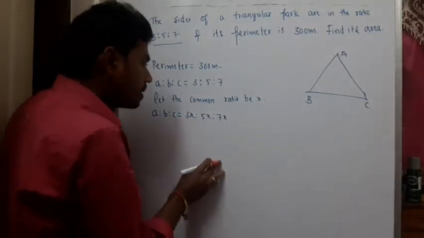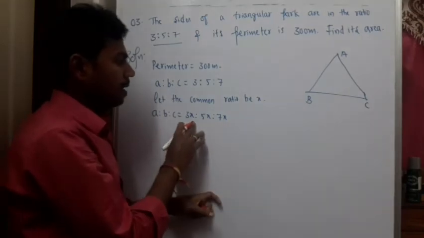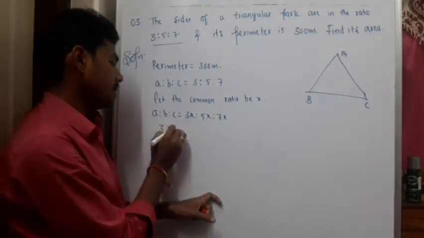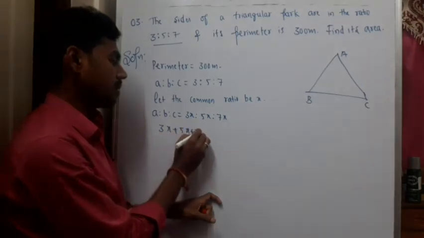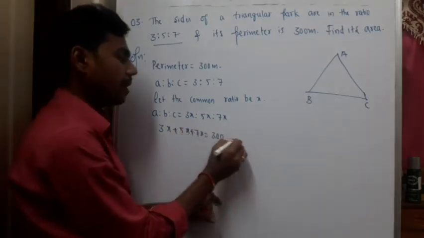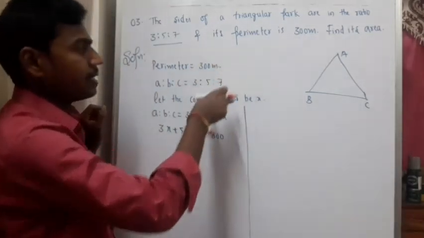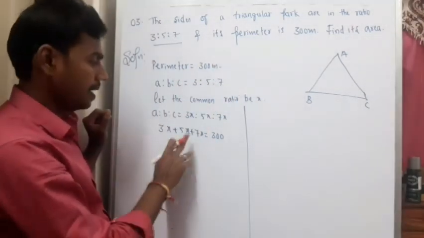Fine. Then sum of these sides will be equal to perimeter. So 3x plus 5x plus 7x is equal to 300. Why? Because sum of the three sides will give us the perimeter of a triangle.